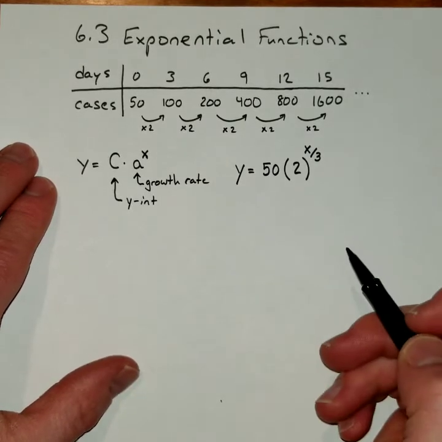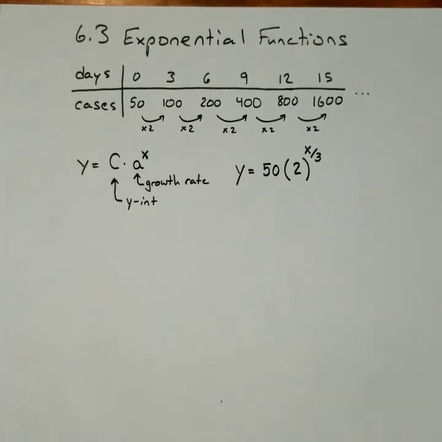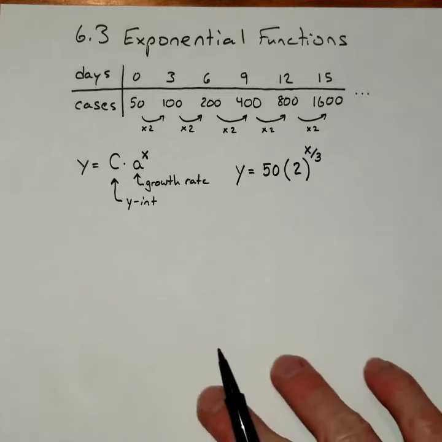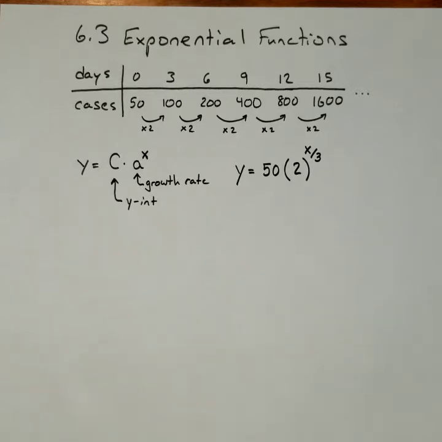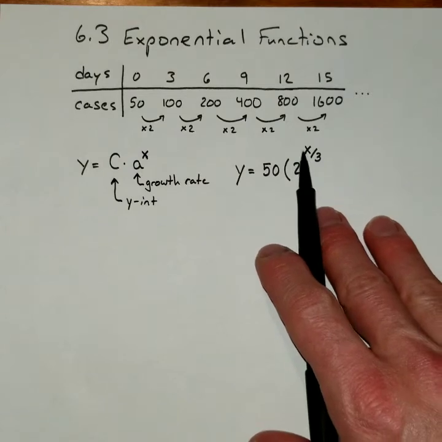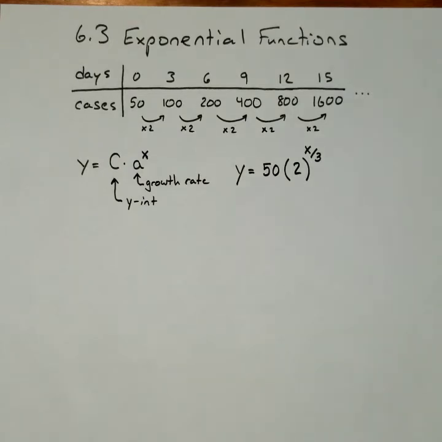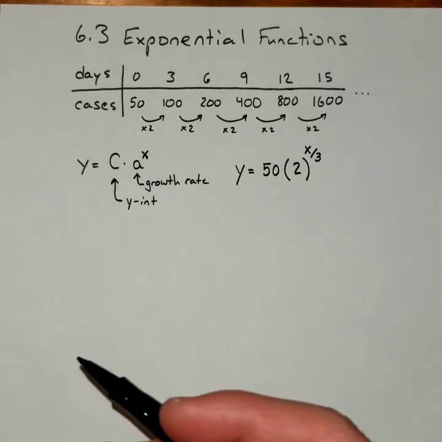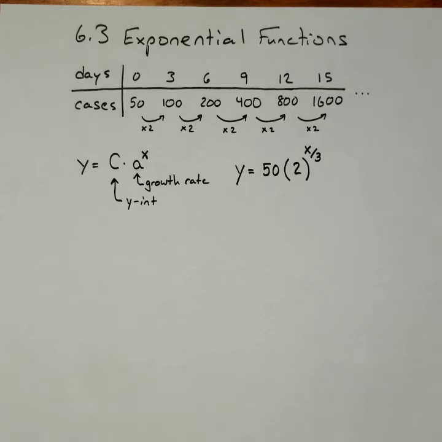Sometimes we have to do a little bit of trickery with the exponent, but generally speaking, the problems you are going to see in this section, you're not going to see that. You're generally just going to have an x up there. Unless we're doing a transformation, like a horizontal shift, you might see something different. We looked at horizontal shifts back in like chapter 3 or something, and so those shouldn't be new to you.